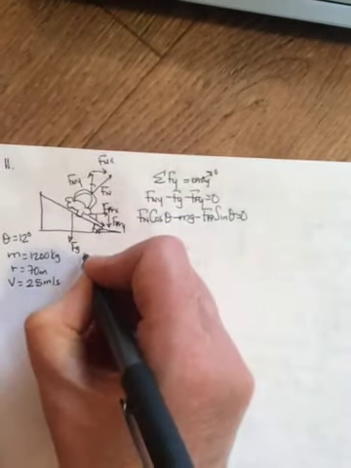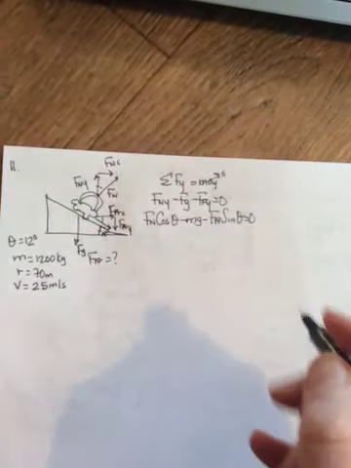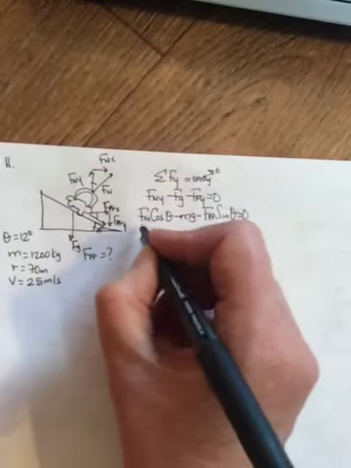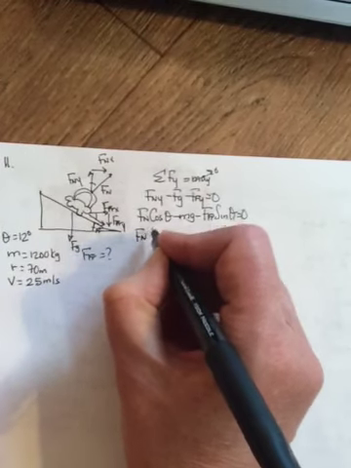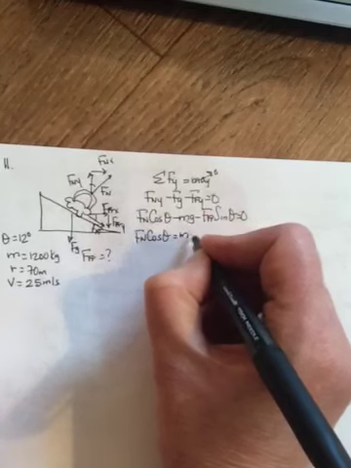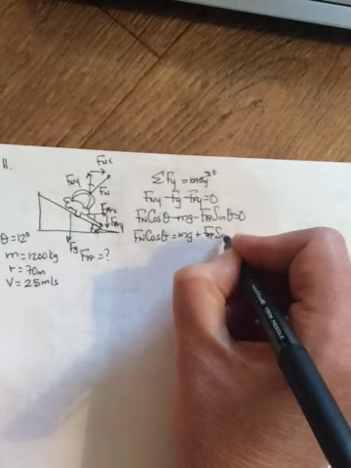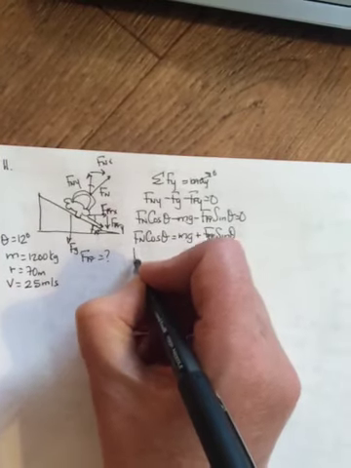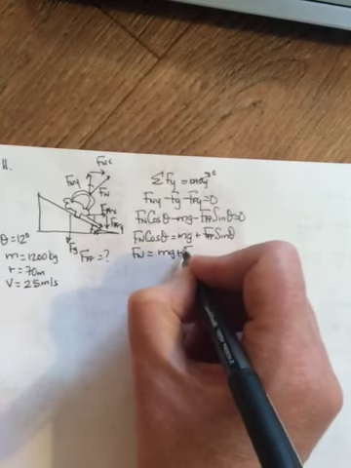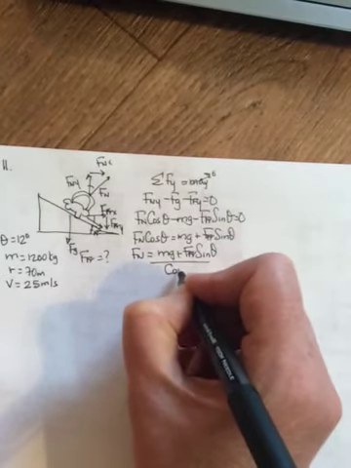Remember I had said that when you were solving for friction, don't substitute in FFR for mu Fn, because you're actually looking for the FFR. So instead, in the y direction, you're always trying to solve for Fn. So leave FFR as it is and take it and the mg over to the other side. So mg plus FFR sine theta, and then divide both sides by cos. So Fn will equal mg plus FFR sine theta divided by cosine.